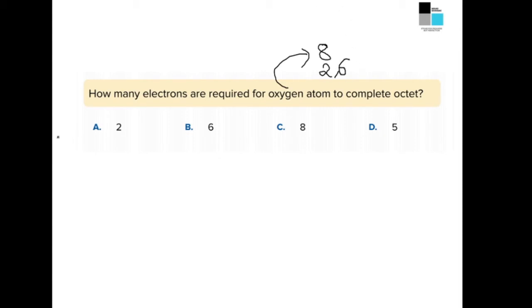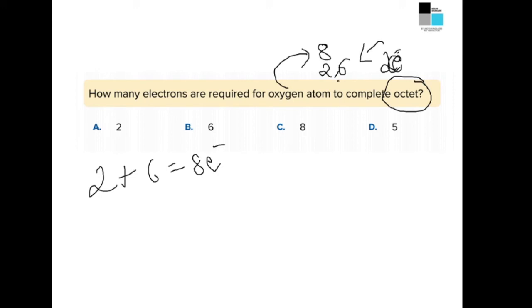Now, the question is how many electrons are required for this oxygen atom to attain an octet, meaning to have 8 electrons in its outermost shell. But now in its outermost shell there are only 6 electrons. So it requires 2 more electrons, because 2 plus 6 would give 8 electrons, right?